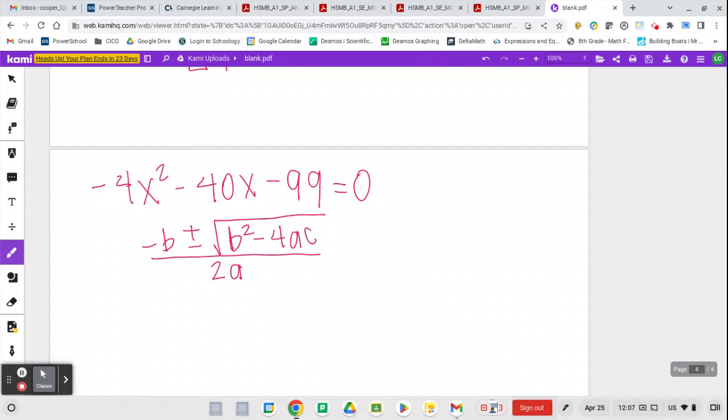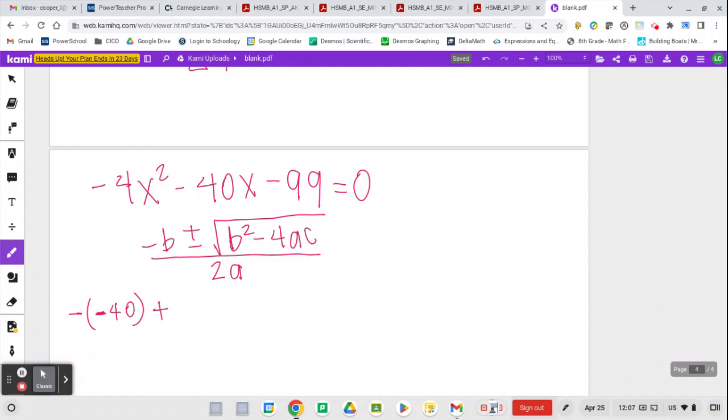Okay, so here we go. This says negative B. So I have a negative, and then I have negative 40. Do you guys see that? Now, this says plus minus. What I'm going to do is just put plus, and then I'm going to do it again and put a minus sign, Ella.